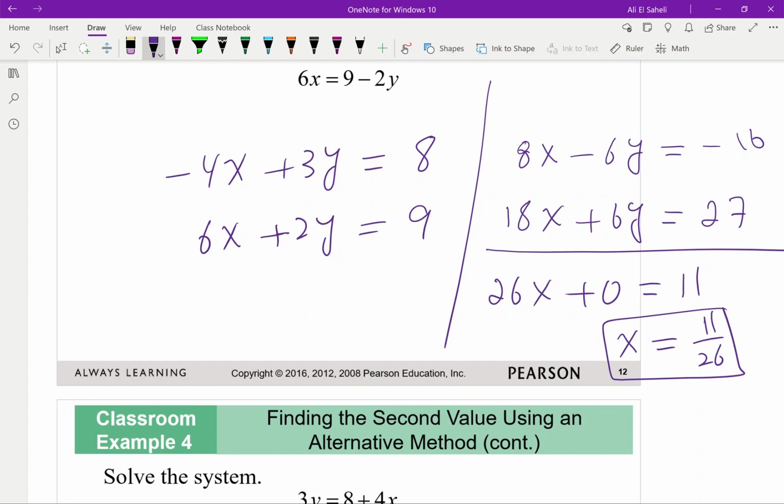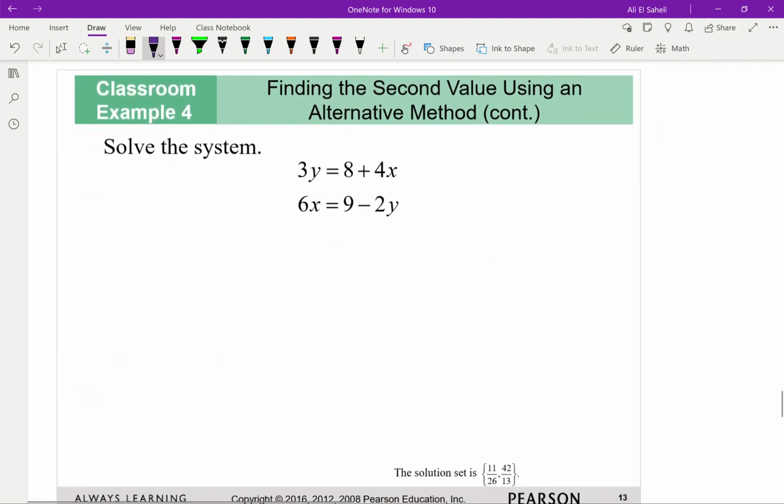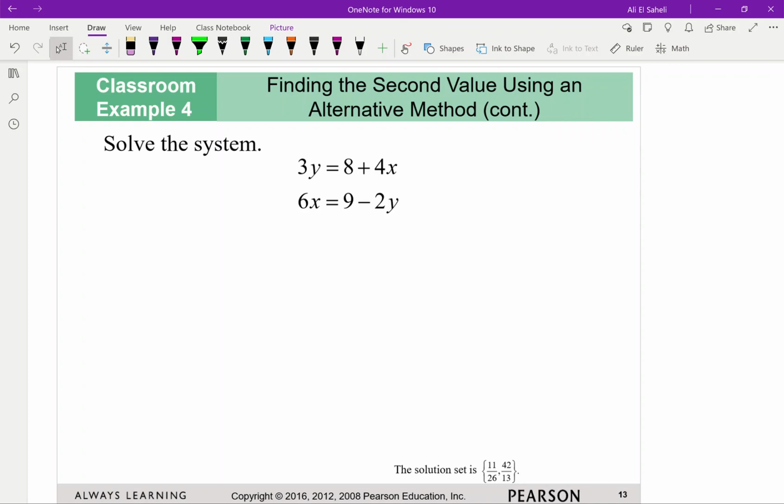So to find y, I will eliminate x. So going back to the same system. Okay, so you have minus 4x plus 3y equals 8, 6x plus 2y equals 9.